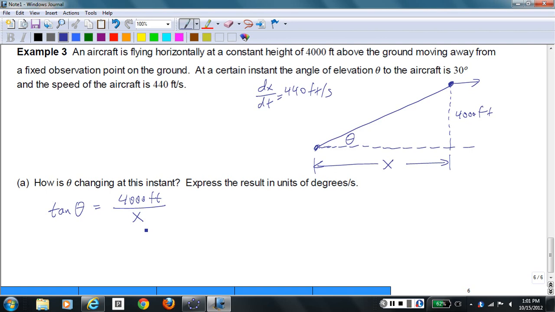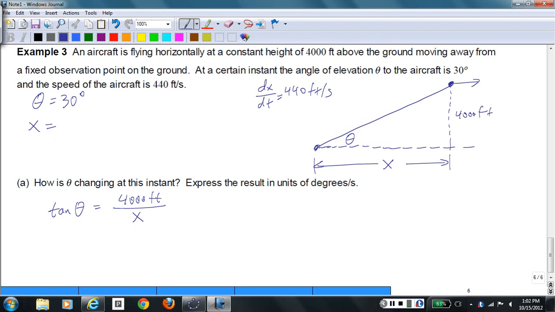And since we know dx dt and we know theta, what we need is a relationship among d theta dt and the others, the x and the dx dt and the specific value of theta. So theta is 30 degrees. Let's go ahead and calculate x when it's 30 degrees.